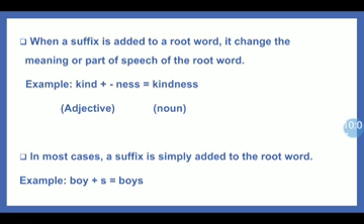Now, in most cases, a suffix is simply added to the root word. So in most cases, we just add. Enjoy, put on ment to it, enjoyment. Kind, put ness on it, we get kindness. Boy, we put an S onto it, we get boys. However, there's something that we need to keep in mind.